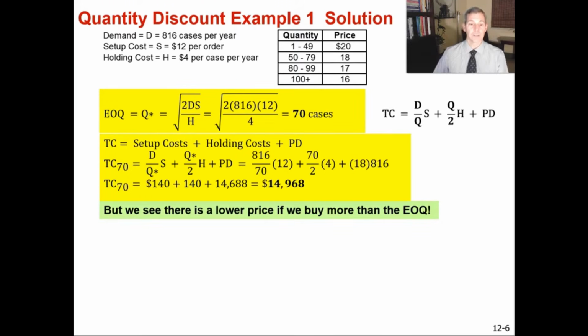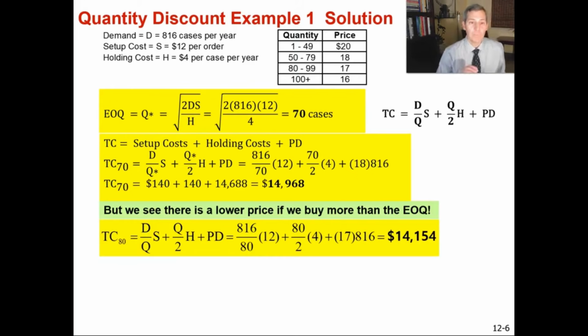So let's start there. When we buy 80 cases at a time, our price is now $17 per case. So $17 per case, we're still buying 816 cases per year. So our total cost has gone down. It's now $14,154.